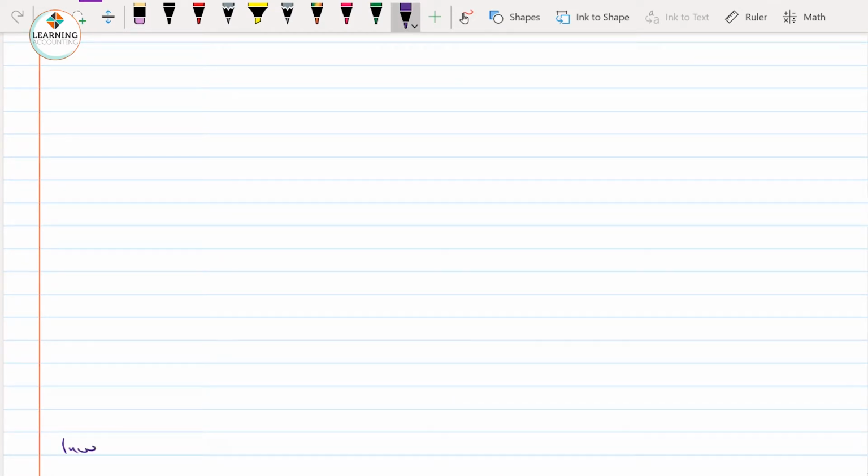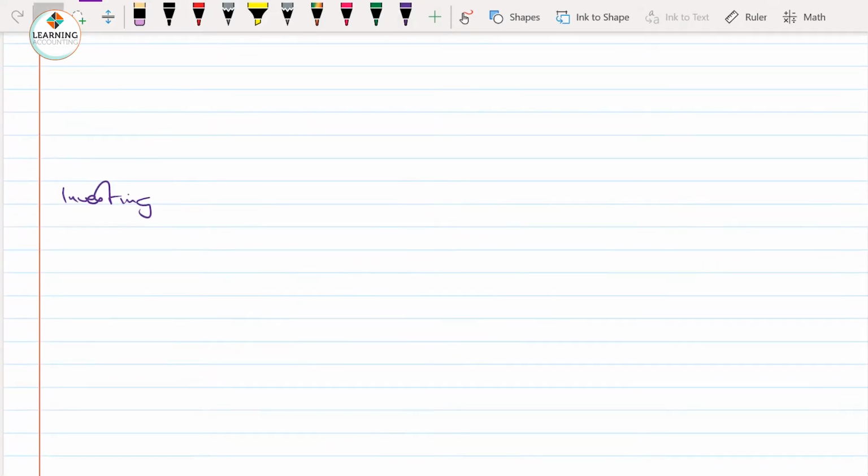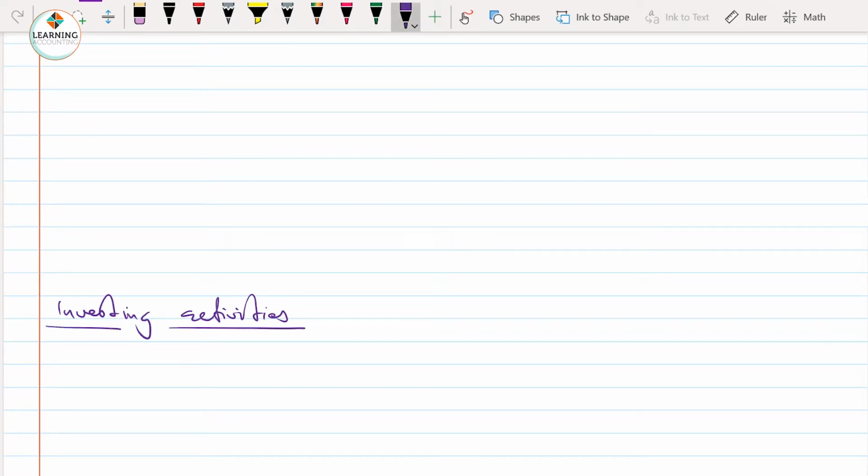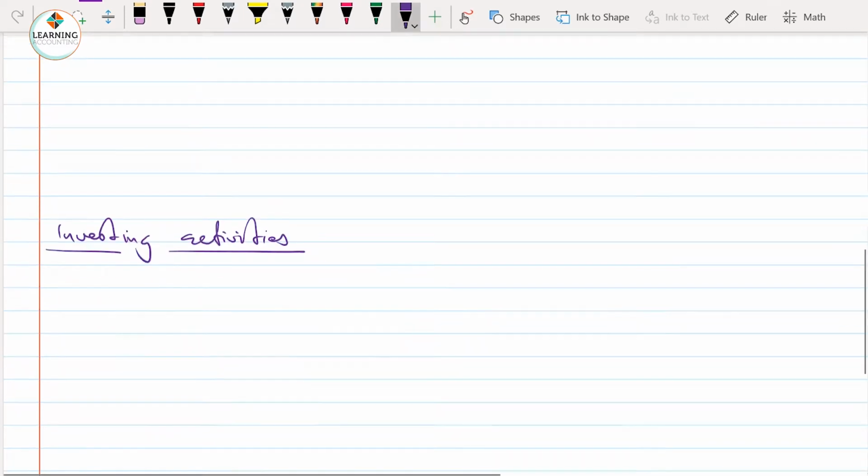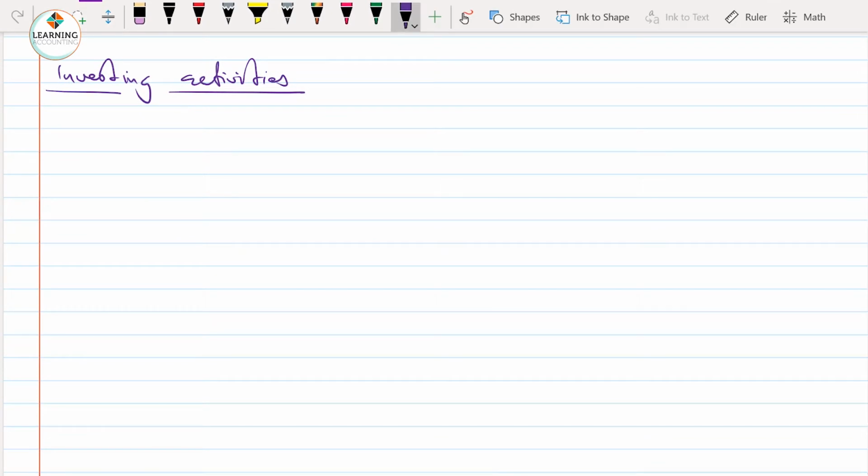We have investing. For the investing activities, I think I should bring it down a little. Investing activities. So I'm just going to wipe off this here. Then I'm going to create a little bit of space again. We have the financing activities.